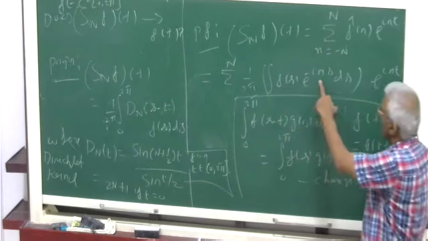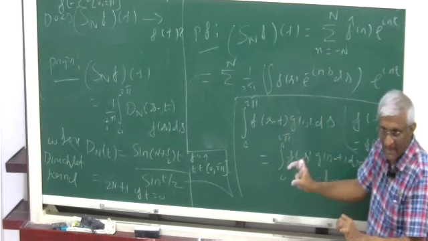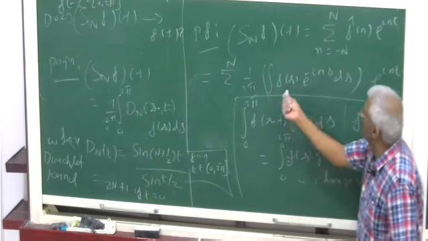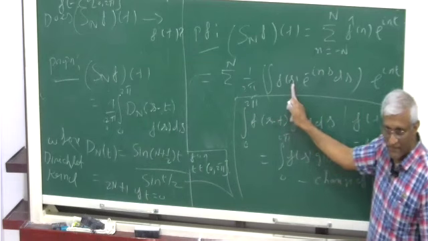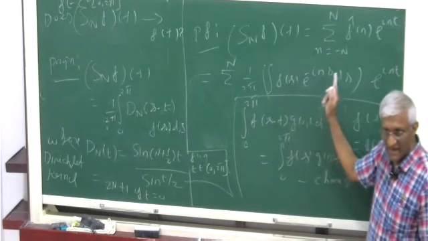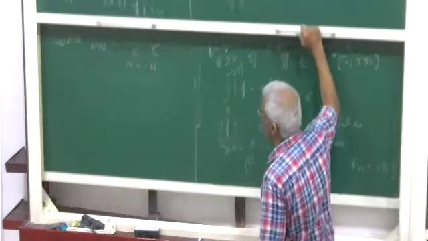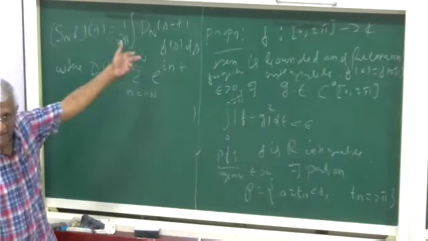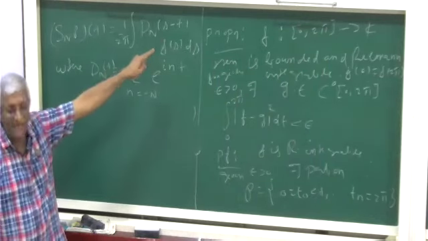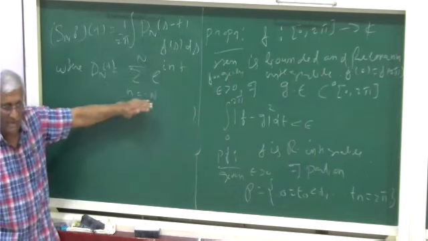The Dirichlet function, D_n. Then I use this to say f of t minus s here, and D_n of s here. I have interchanged variables using the change of variable formula. So where D_n(t) is this, all I have to calculate is this.